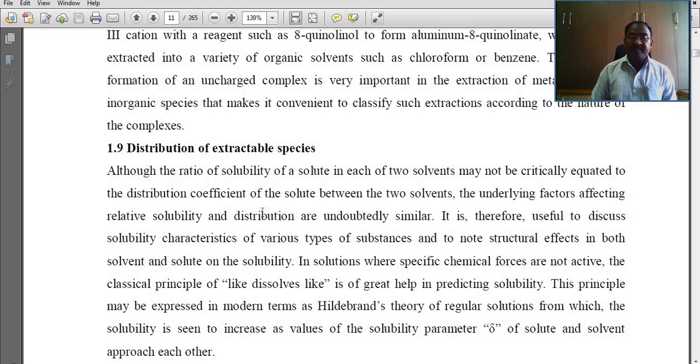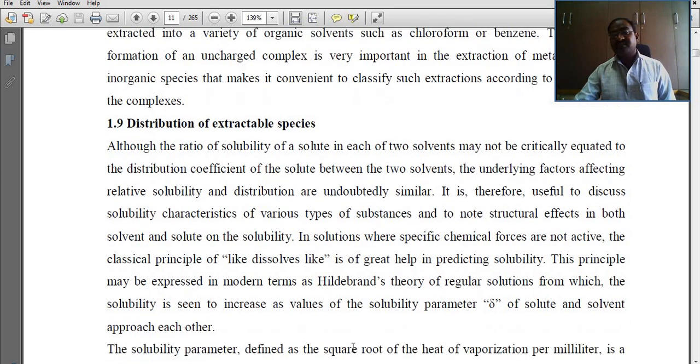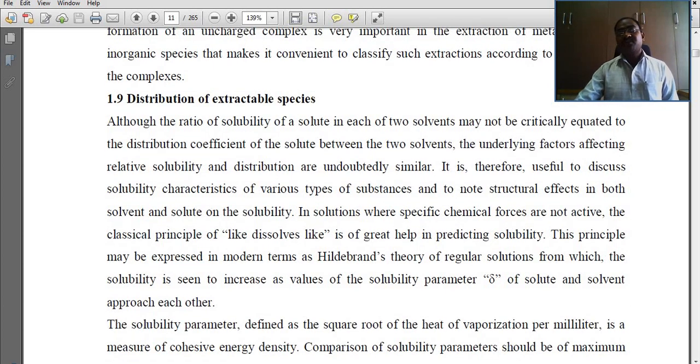These principles may be expressed in modern terms as Hildebrand's theory of regular solutions, from which the solubility is seen to increase as the values of the solubility parameters of solute and solvent approach each other.